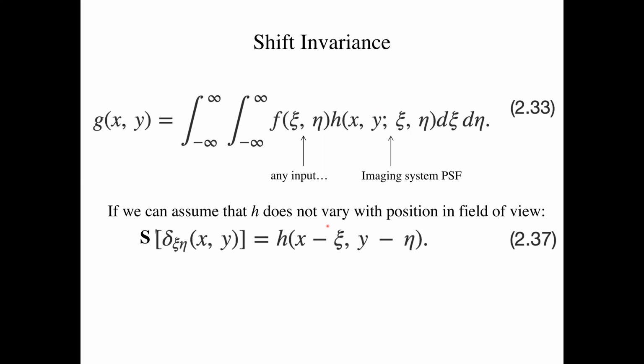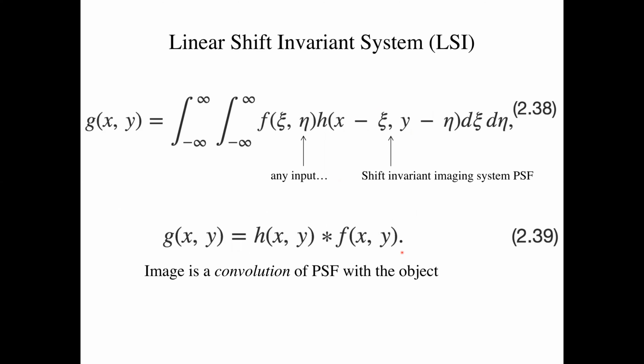If we can assume that the point spread function basically just doesn't change with eta and psi, we can then replace it with a shift invariant version of the point spread function. So it's the same regardless of zeta and phi. When that is true, it means that the image that you get from your system is the underlying object itself convolved with the two-dimensional point spread function.